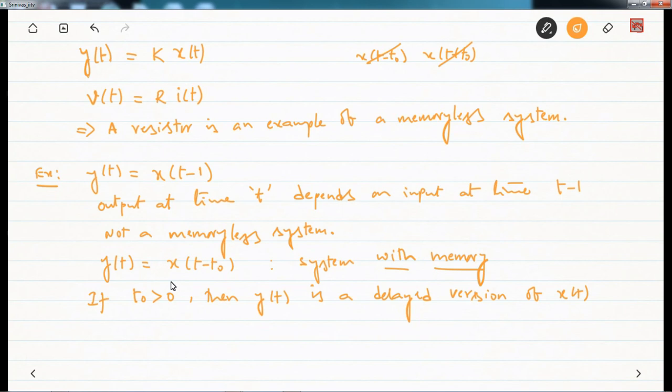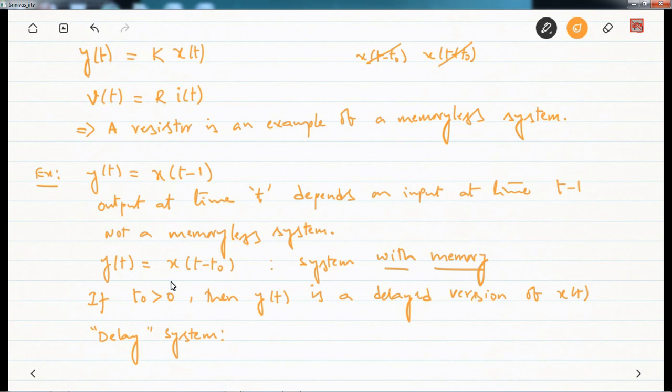So the output is simply the input delayed by some time t naught, right? So that's why this is called a delay system. So a delay system is a system having memory.